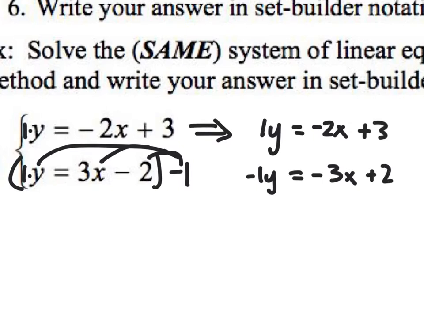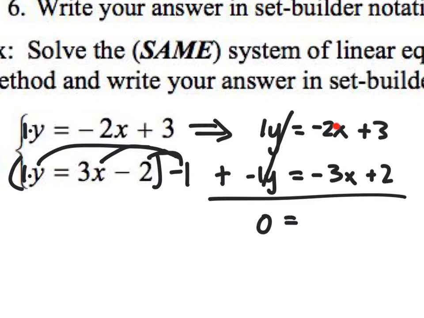Okay, and then I just add them together, adding the columns. If I take 1y plus negative 1y, that's going to cancel out and I'm going to eliminate the y, hence the name elimination. So I'm going to get 0 over here. I've eliminated the y value. I'm going to take negative 2x plus negative 3x, which gives me a total of negative 5x. And then 3 plus 2, which is going to give me 5.